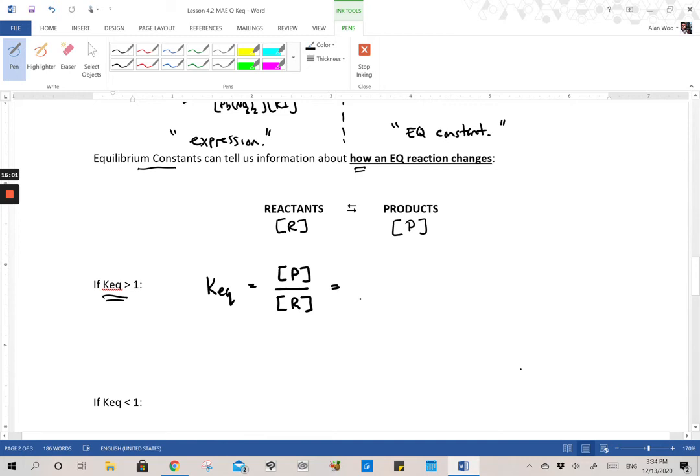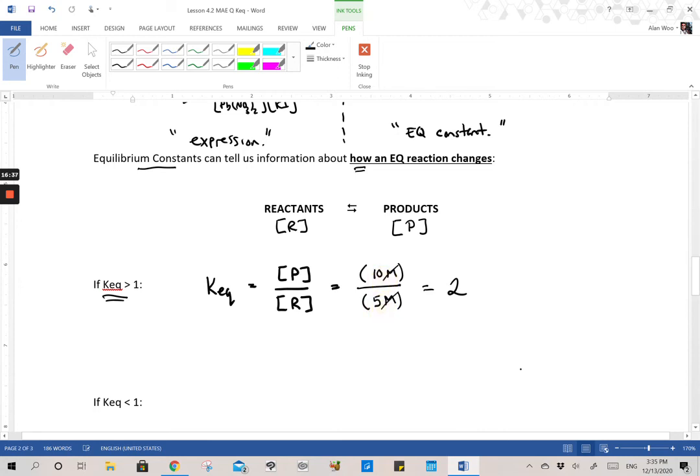So let's say the products here are 10 molarity in concentration, and the reactants combined were 5 molarity in concentration. 10 divided by 5 gives you 2.